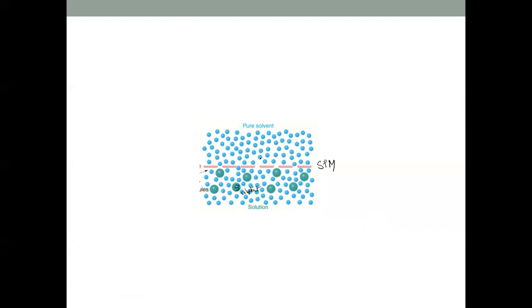So the solvent will move from the pure side, where there are more solvent molecules, to where there are fewer solvent molecules. This is of low concentration of solute, and this is high concentration of solution. This is called osmosis, the movement of the solvent molecules from the solution of lower concentration to the solution of higher concentration.